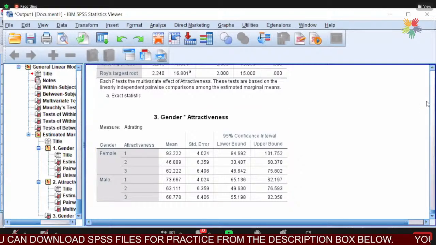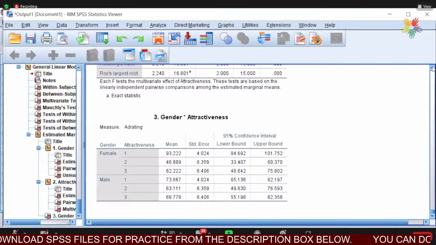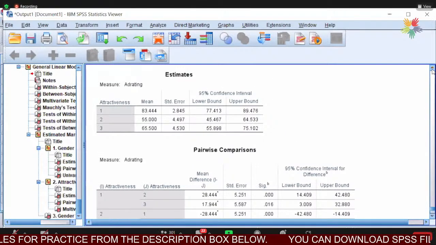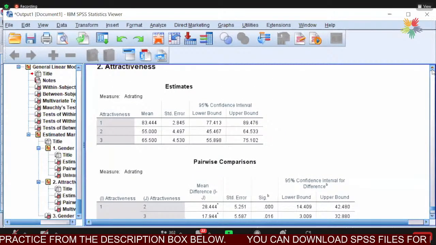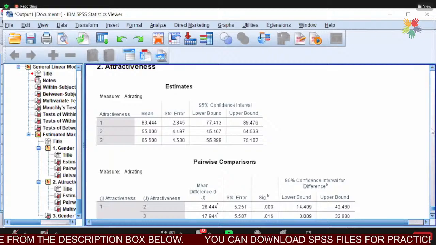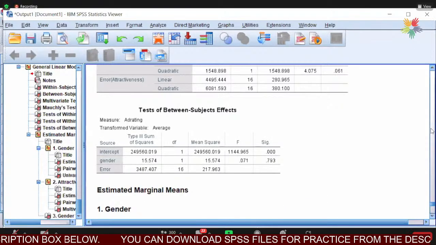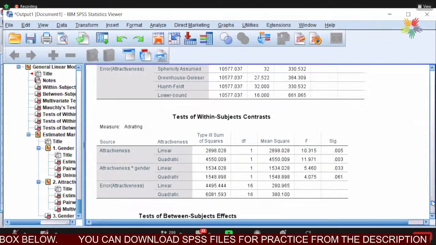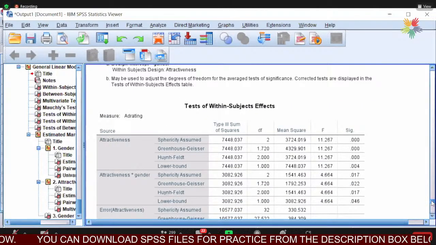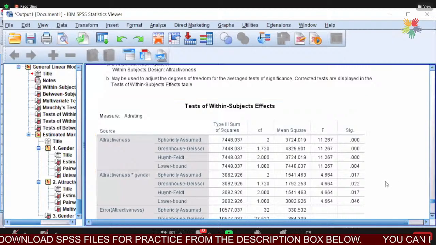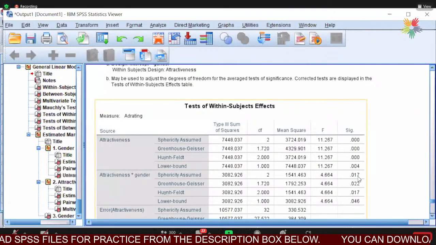So this is the interaction effect we can see by looking at it. We have noticed that sphericity is assumed and there is a difference, the difference in the interaction effect, right?